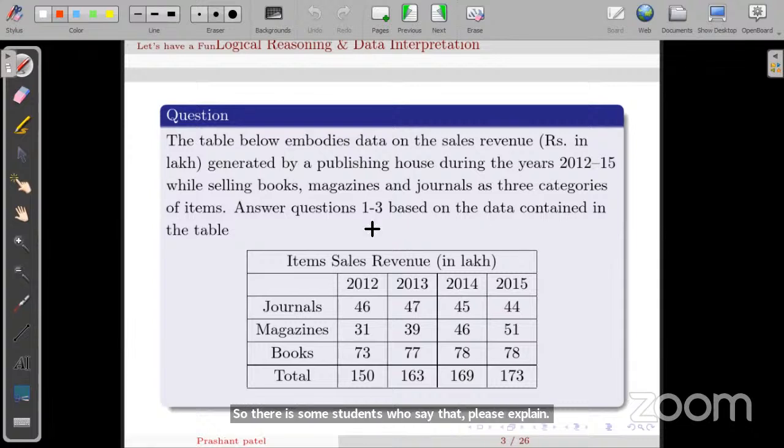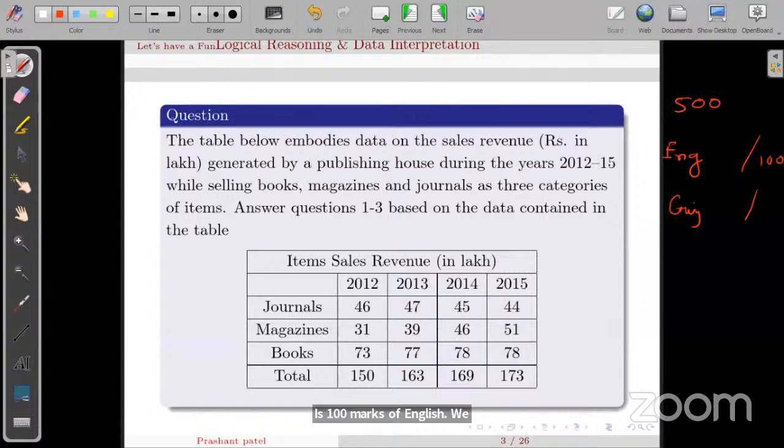Suppose there is an exam of 500 total marks, and that total is divided into English 100 marks, Gujarati 100 marks, social science 100 marks, then maths 100, and science is also 100 marks.